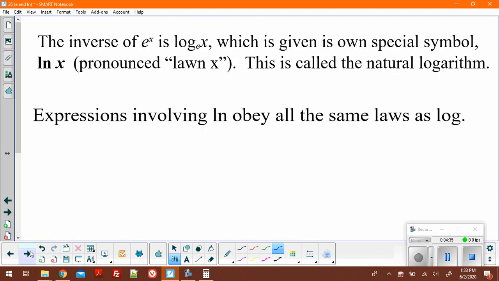Related to that is what's called a natural logarithm, ln of x. Similarly, on your calculator you have a log button, but you also have an ln button.